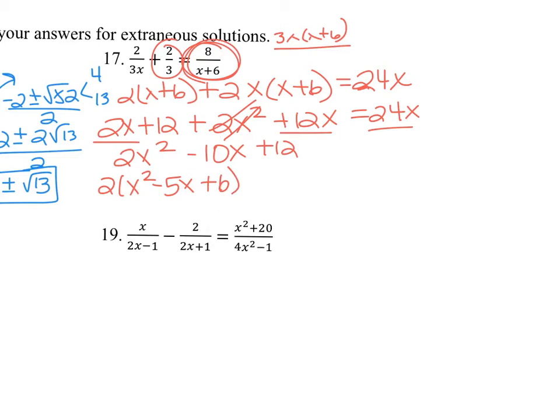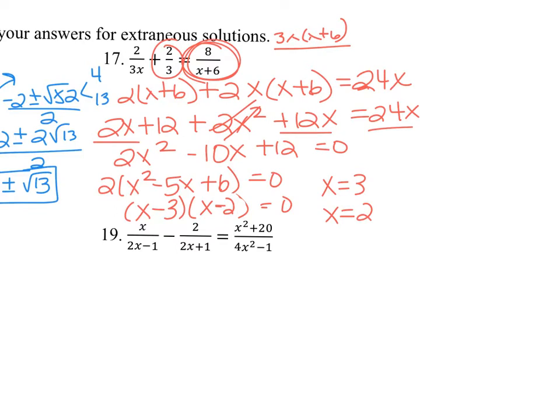So now x minus 3 and x minus 2 equals 0. So x equals 3 and x equals 2 are potential solutions, but now I have to check.